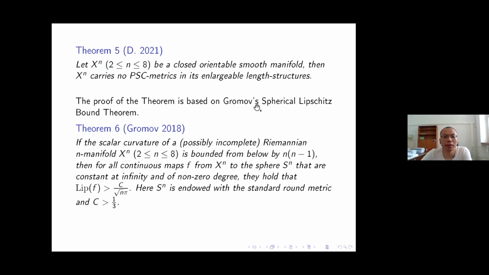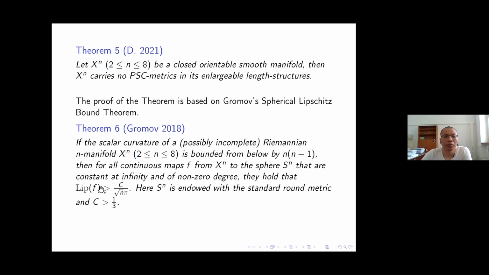And Gromov's theorem says that if the scalar curvature is bounded below by n times n minus 1, then for all continuous maps from S to Sn which are constant at infinity, and of course we also require the map to be of non-zero degree, Gromov can show that the Lipschitz constant has a uniform bound.